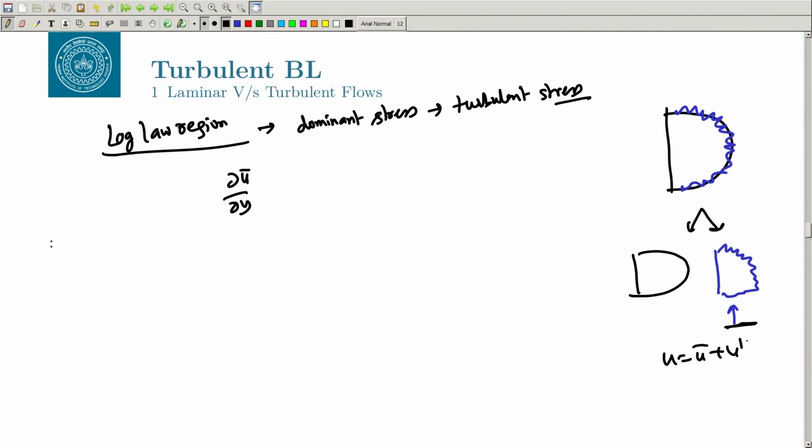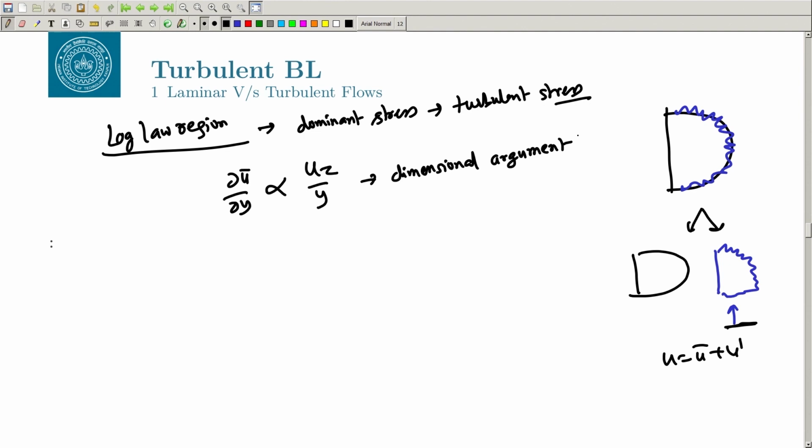I am saying that the velocity gradient is proportional to u tau by y, by making the dimensional argument. Considering that the viscous stress, and so viscosity, is not very important here, but indirectly the viscous effect is coming through the wall shear stress.